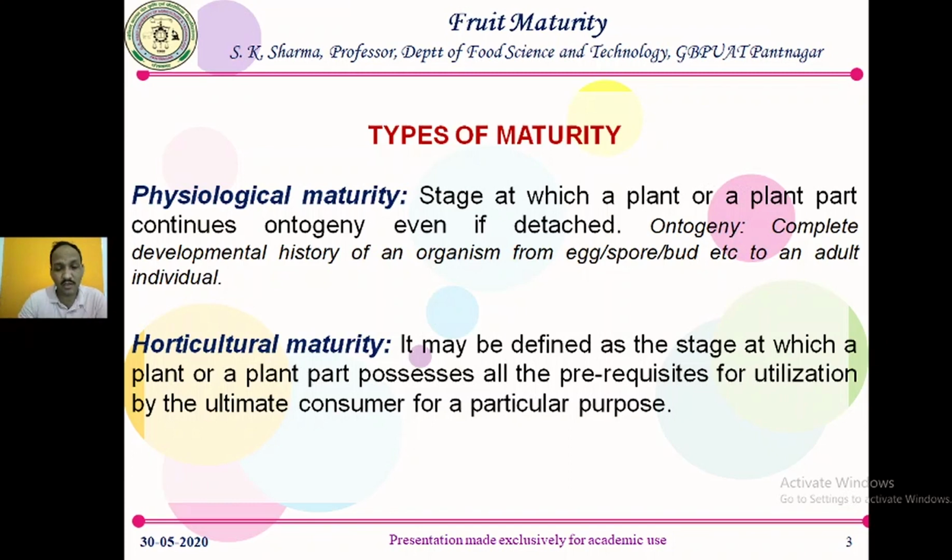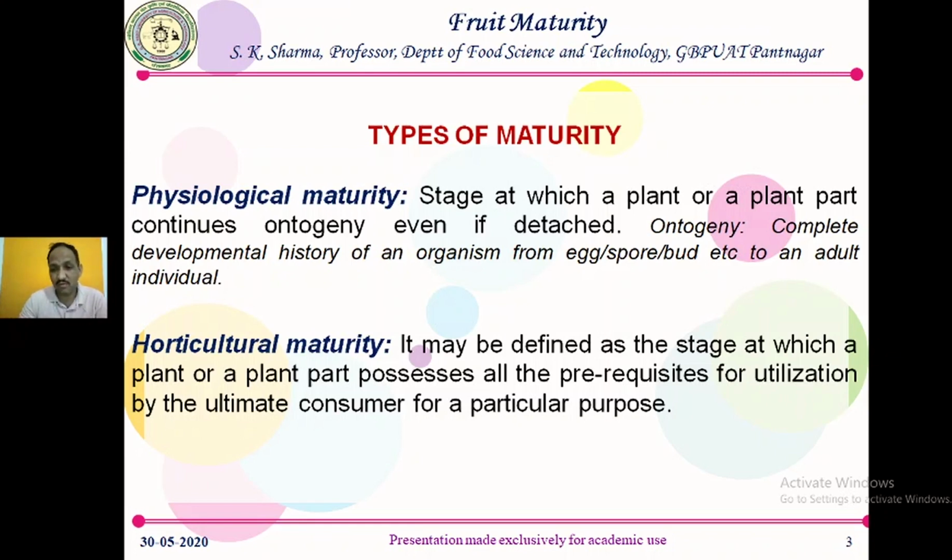But on the contrary, if I have to transport it to a distance, maybe 1000 kilometers, through a truck or a train, maybe 2000 kilometers from here to Bangalore, what stage will I prefer? You will harvest it sufficiently prior to the stage at which you would harvest it for kitchen purposes. That is how it makes a difference in the case of tomato.